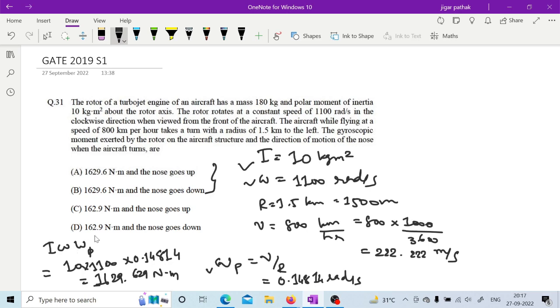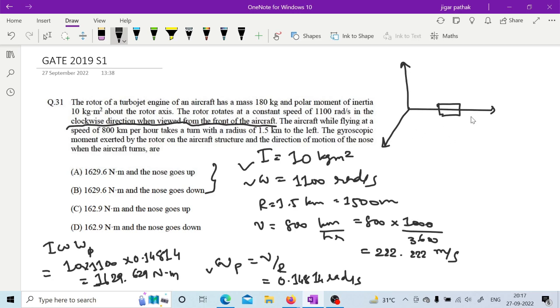Now we need to check what will happen to the nose. Let us see by this particular given condition. You have this aeroplane and the rotating part will be on this axis of spin. The rotor rotates at constant speed, in the clockwise direction when viewed from the front of the aircraft.